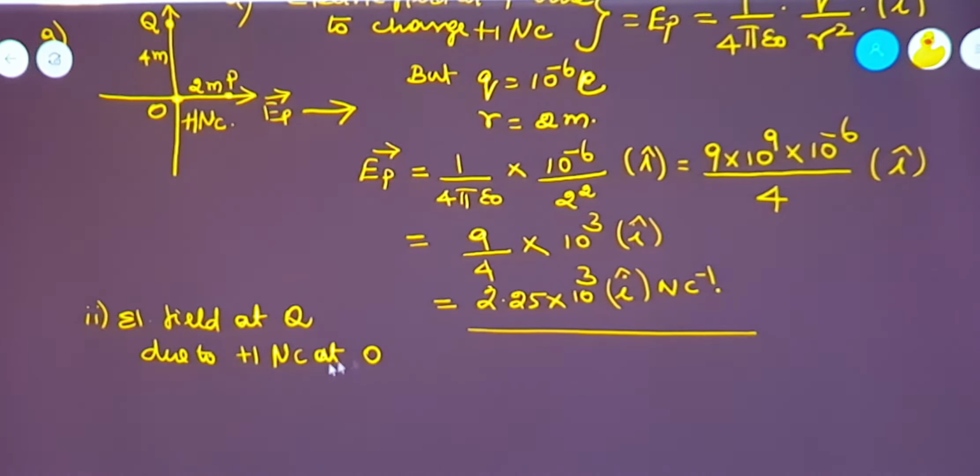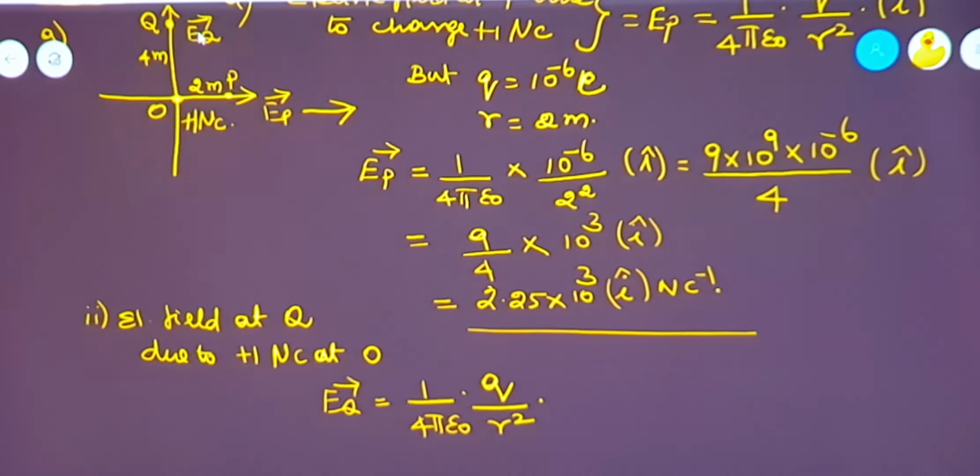This is over. So let us consider this as EQ vector. What is that EQ vector? Again 1 divided by 4 pi epsilon 0, the charge Q by R square. Here you see the charge Q is along the y-axis. So here you will be able to get EQ vector.